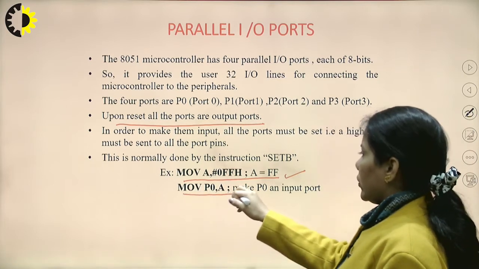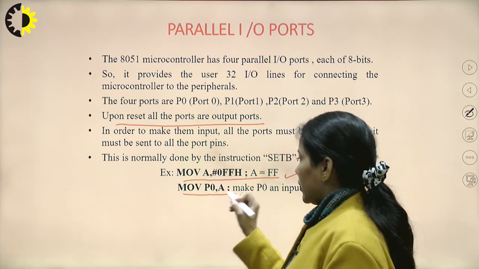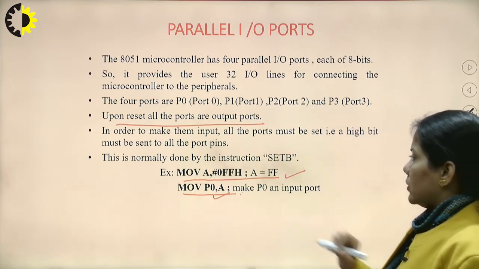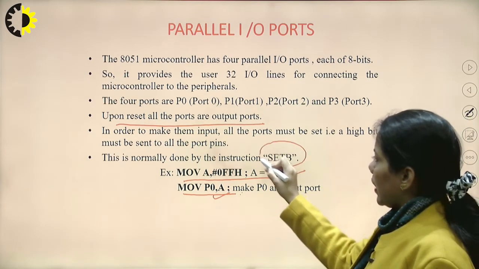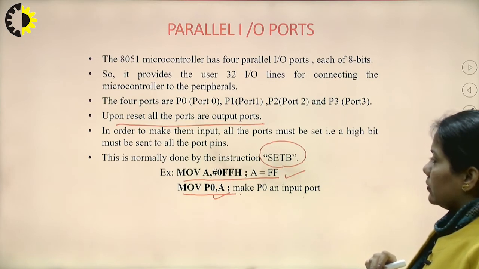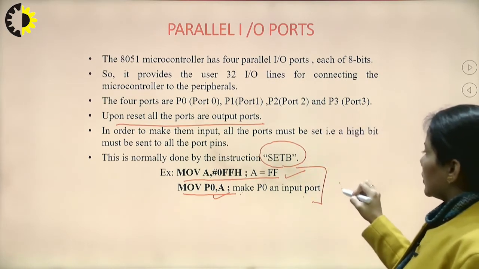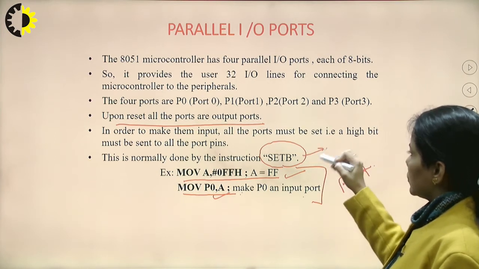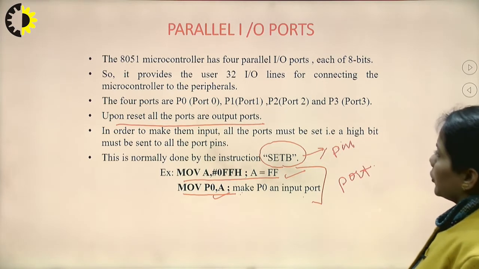If I want to make a particular pin of the port an input pin, then I have to give high to that pin using the SETB instruction. So these two instructions are used to make the whole port an input port, and this instruction is used to make a particular pin an input pin.